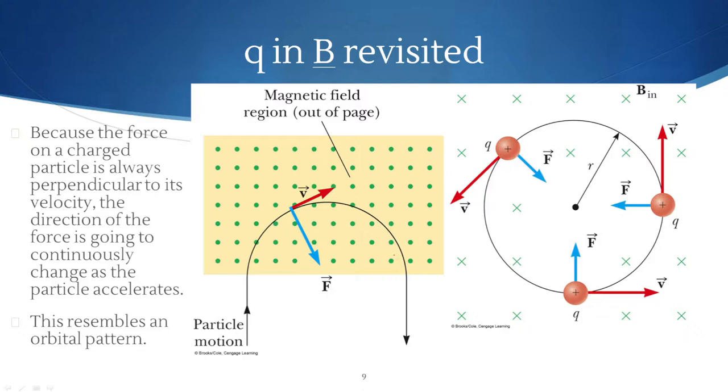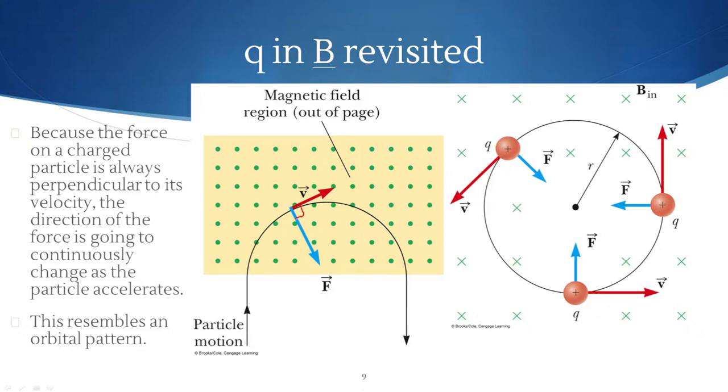If you fire a charged particle into a magnetic field and everything lines up just the right way, you could hypothetically get a situation where the charged particle just continues spinning in place inside of that magnetic field. Given that the velocity and the force will always be perpendicular to one another, as long as they keep changing directions, you get a situation where the magnetic force kind of literally acts as a centripetal force.